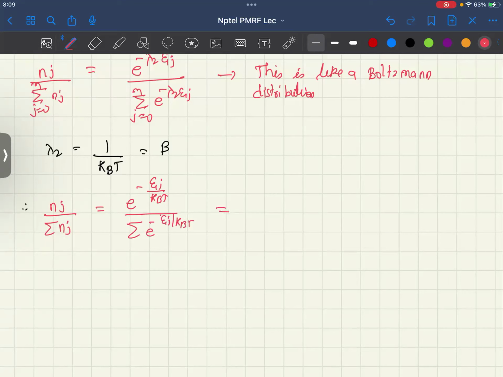Or in other words, we can write this as exponential of minus epsilon j by kBT divided by the summation of exponential of minus epsilon j by kBT, right?